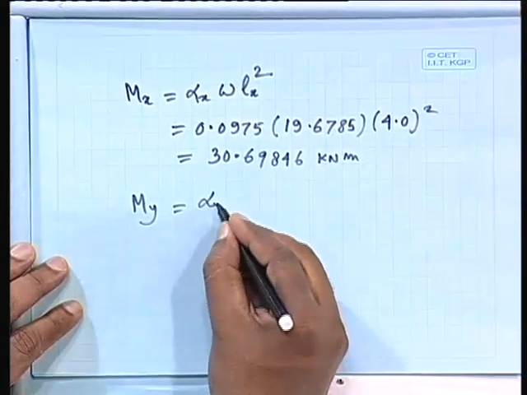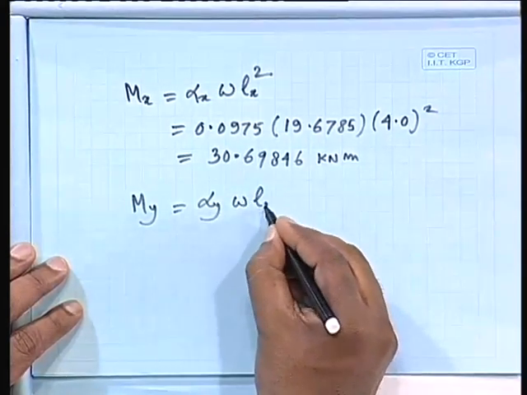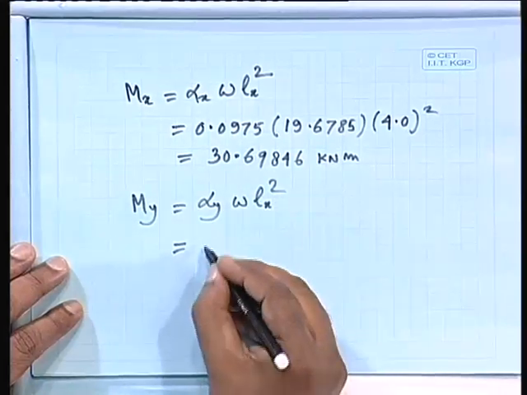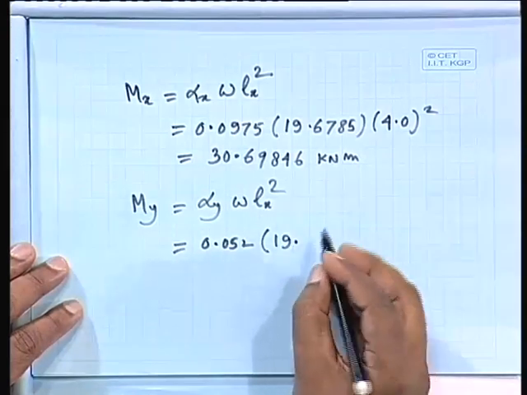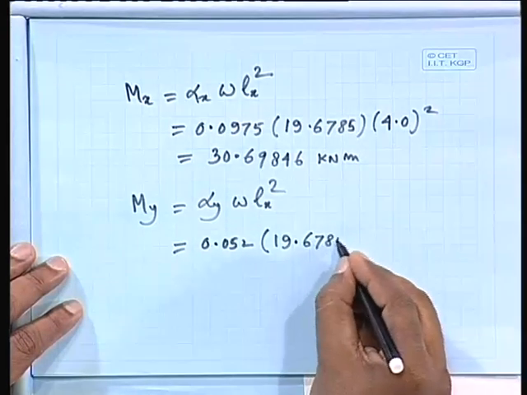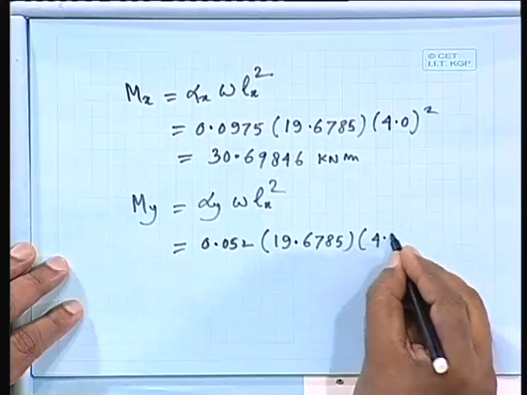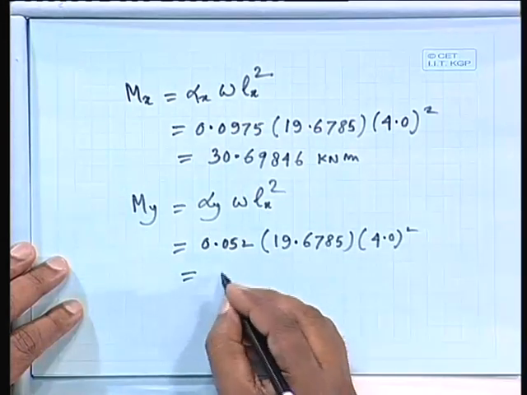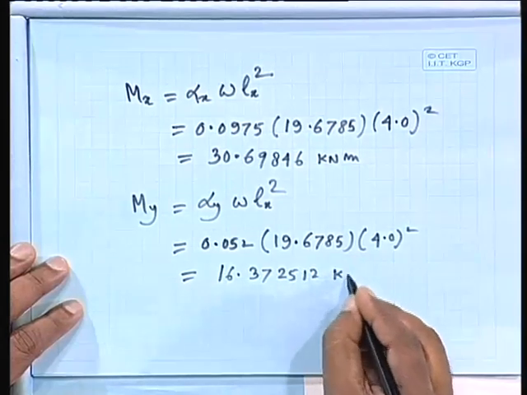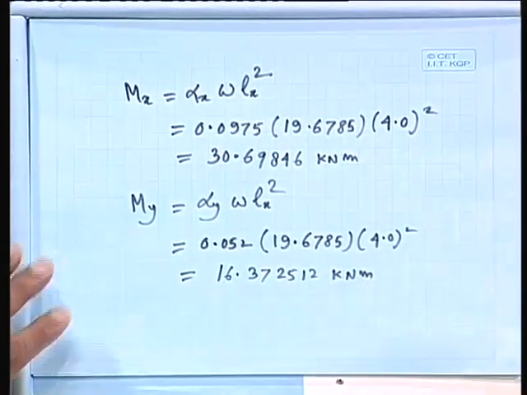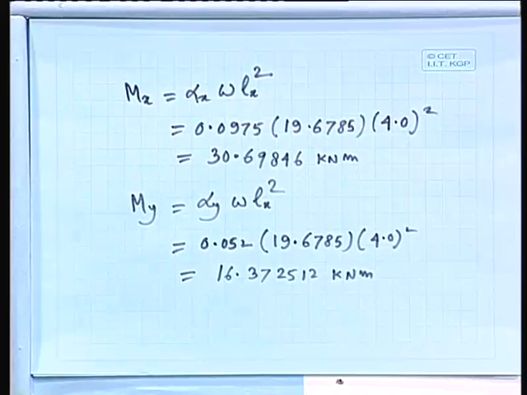My equals alpha y w Lx square, which equals 0.052 times 19.6785 times 4.0 square, which equals 16.372512 kilonewton meter. So we can get Mx and My.